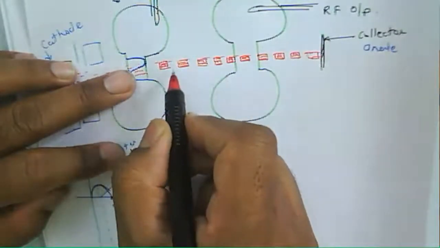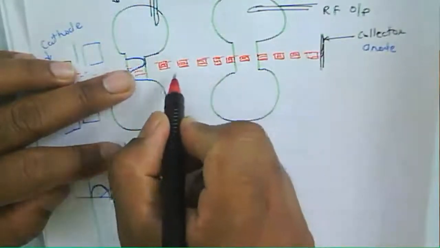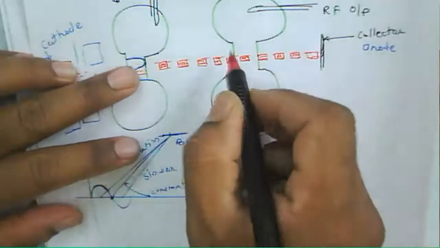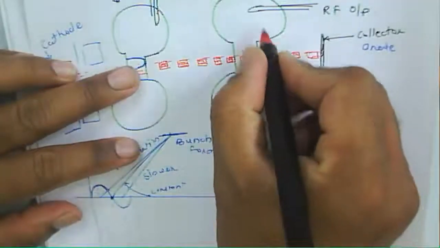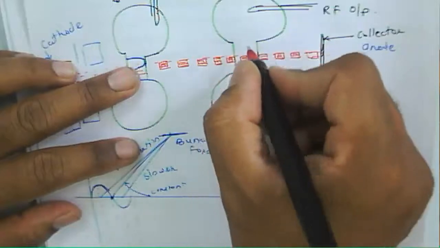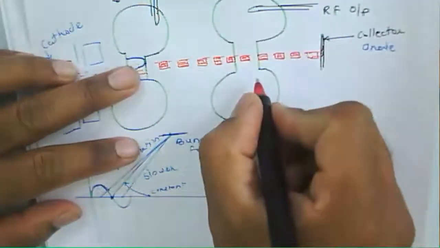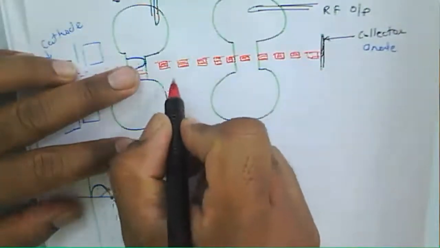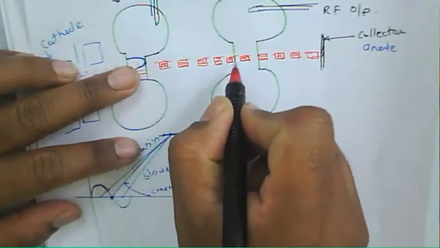Then the bunches move forward toward another cavity, which is the catcher cavity.